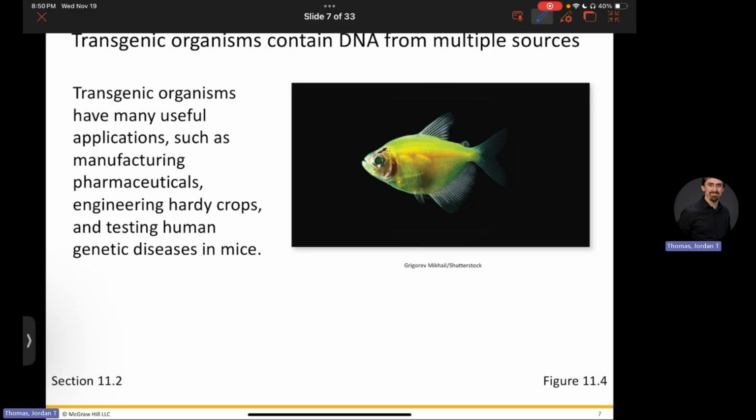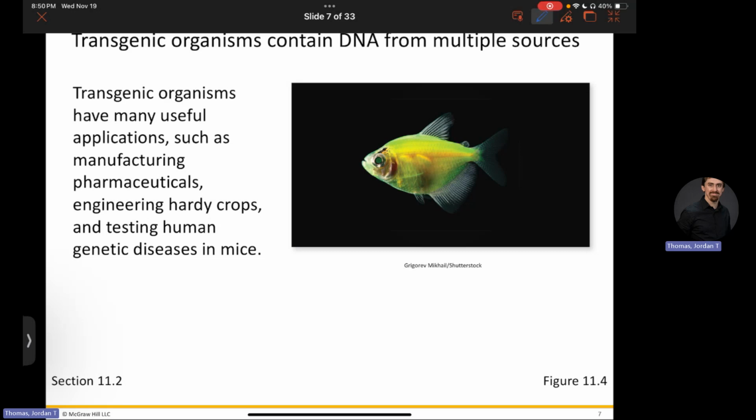Crops are also genetically modified. Some crops have genes added into their genome to make them more resistant to drought, pesticides, things like that. And lastly, testing human genetic diseases in mice.